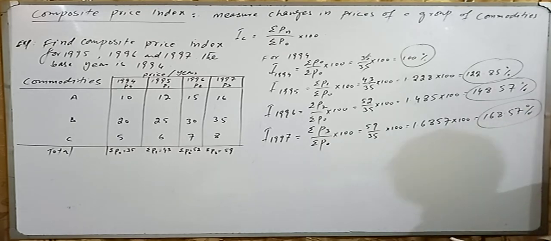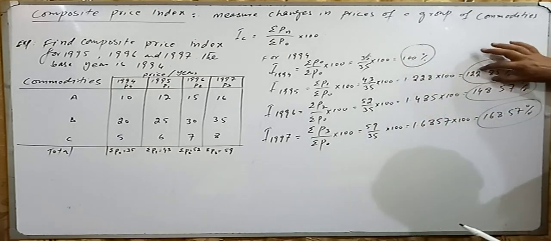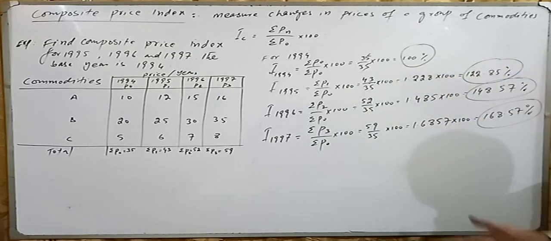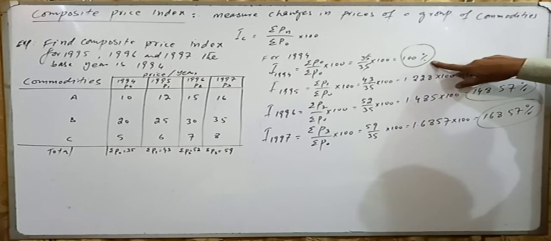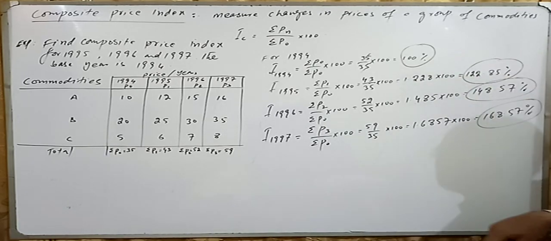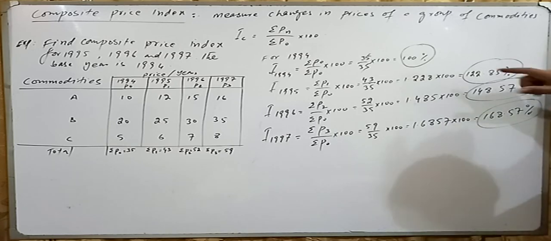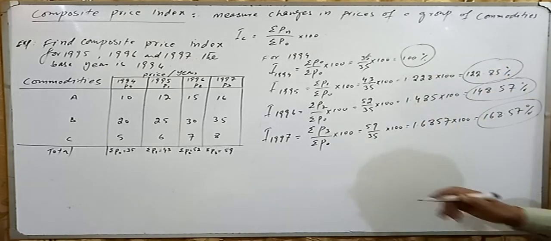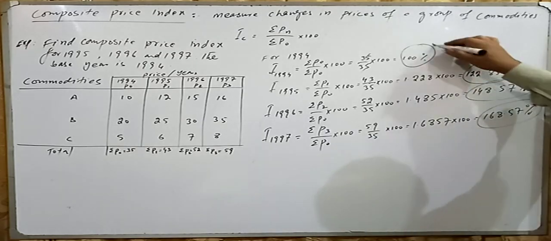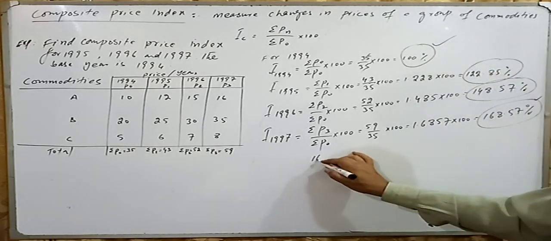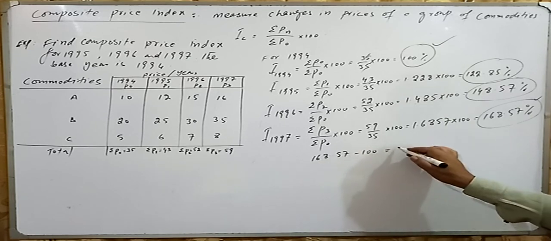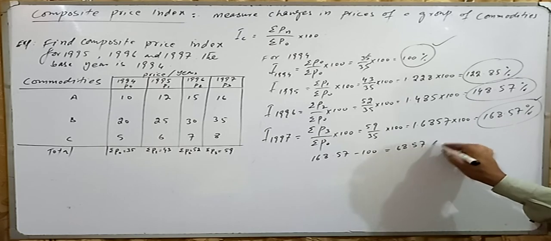When you are doing the comparison yearly, if you subtract 100 from 122, it becomes 22%. If you subtract 100 from 148, it becomes 48%. If you subtract 100 from 168, it becomes 68%. So for the four years directly, we take the first and the last. 168.57 minus 100 becomes 68.57%.